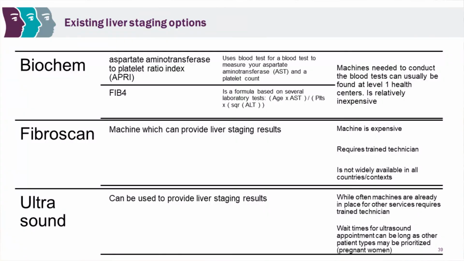So just to list some existing liver staging options. We have the biochem. What this is, is basic blood tests that are used to determine either APRI or FIB4. And these are formulas and ratios taking into account other biochemical readings, sometimes with age, and then that can give you information as to the liver scoring of a person.